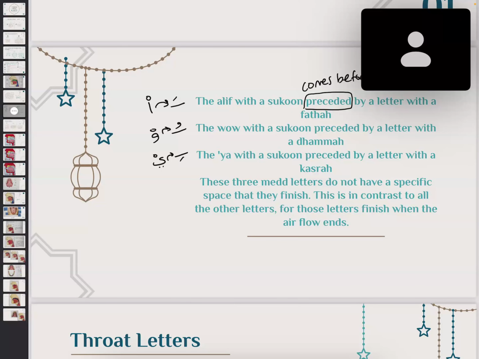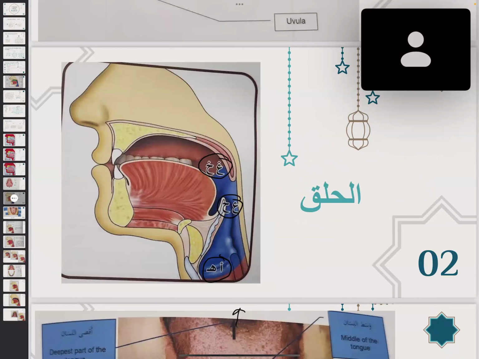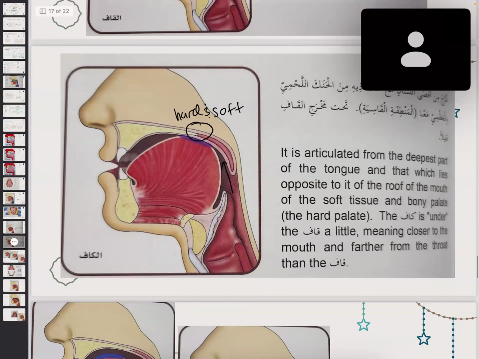The tongue articulation points: قاف from the deepest part of the tongue with that which lies opposite to it of the upper palate, opposite to the soft palate. الكاف letter is articulated from the deepest part of the tongue and that which lies opposite to it of the roof of the mouth, the soft palate, hard palate.